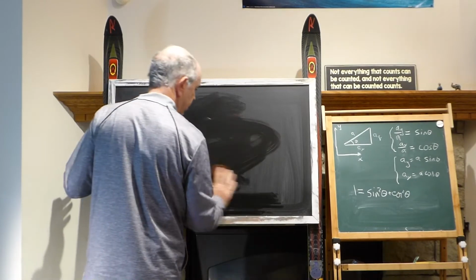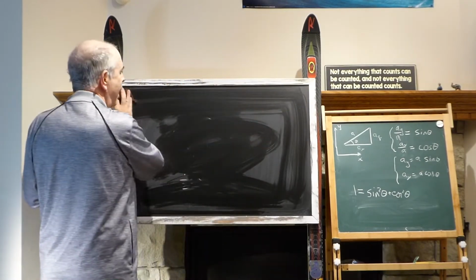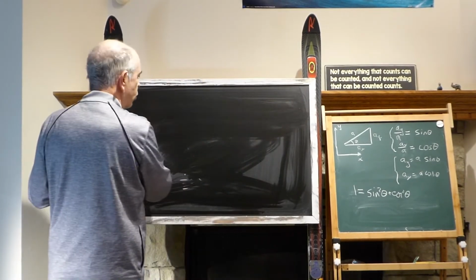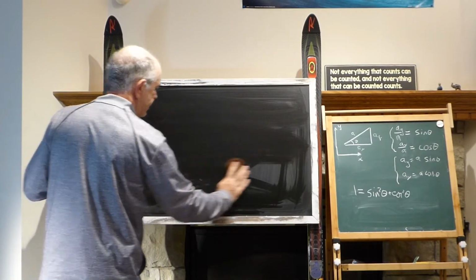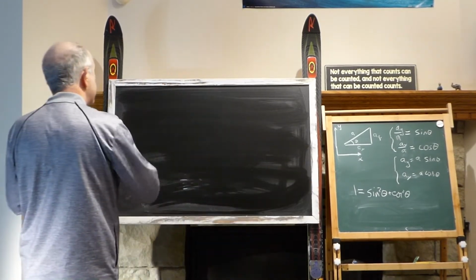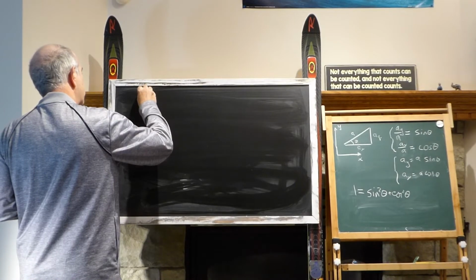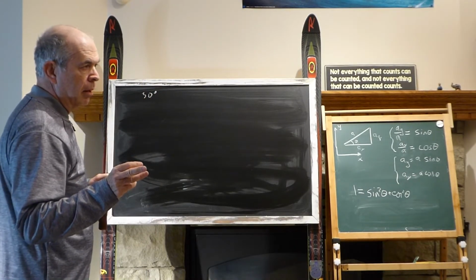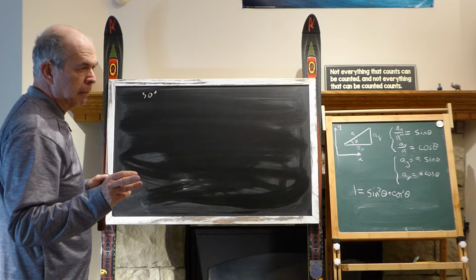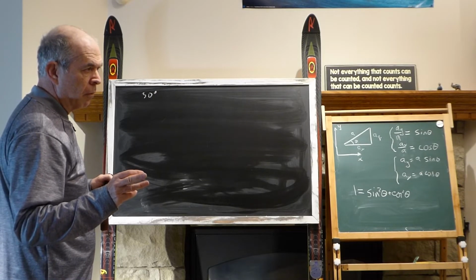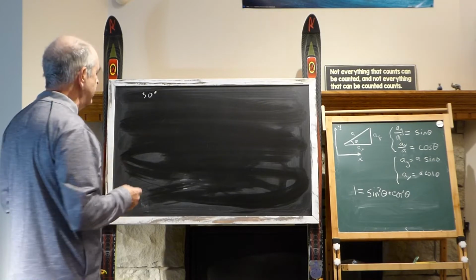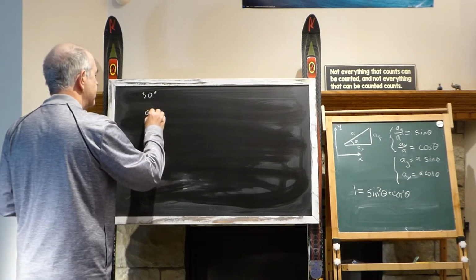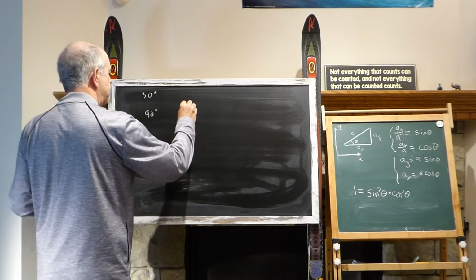For example, remember there was a magic angle that I talked about with you last time, and this angle was 30 degrees. By the way, pause and tell me in radians what it will be. And of course you know what it will be, because 90 degrees is pi over 2.